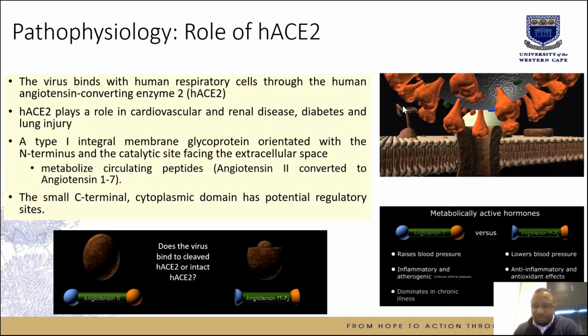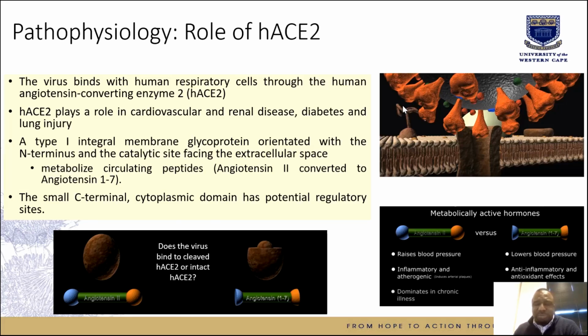But in terms of how it came about, it's been reported that the virus binds to the human angiotensin converting enzyme 2, hACE2, and through that interaction finds its way into the cell. I'm not going to get into the details of hACE2. It's been implicated in so many other diseases, as discovered recently.